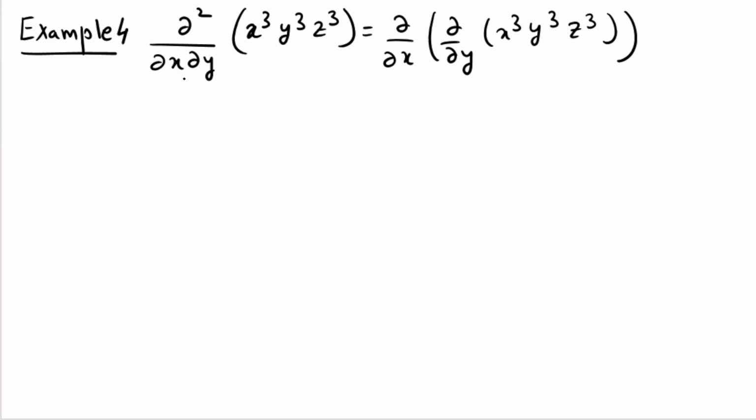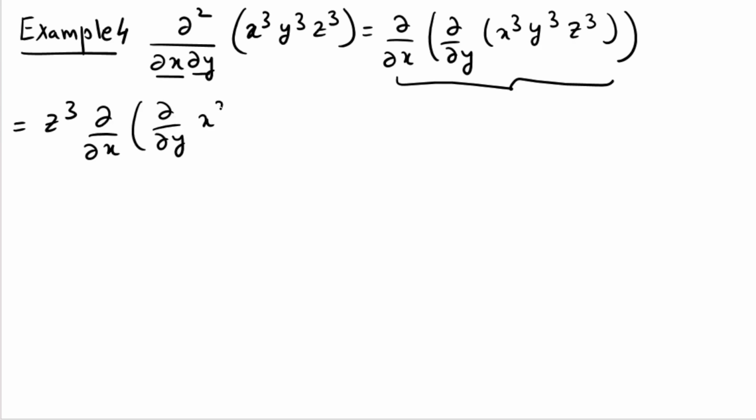Notice that both the derivatives do not involve z at all. So therefore, I can safely treat z³ as a constant and write this whole expression as z³ ∂/∂x ∂/∂y x³y³. When you want to take derivative of x³y³ with respect to y, I can treat x³ as a constant.